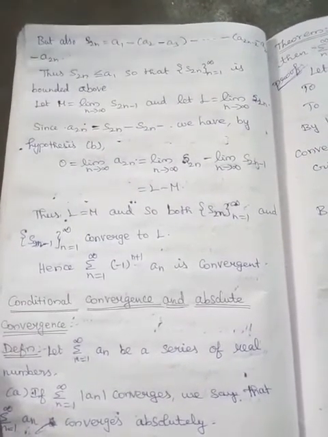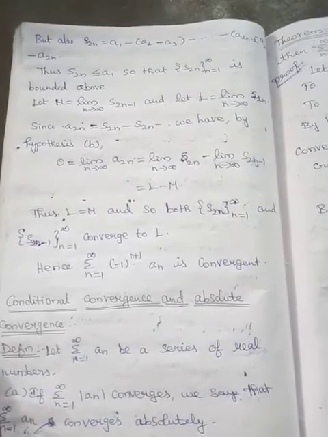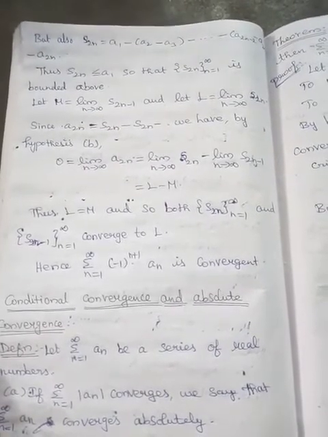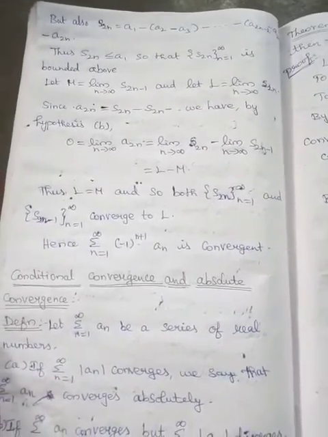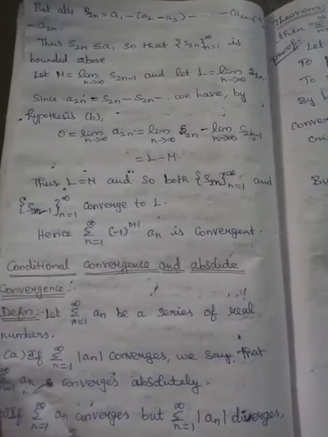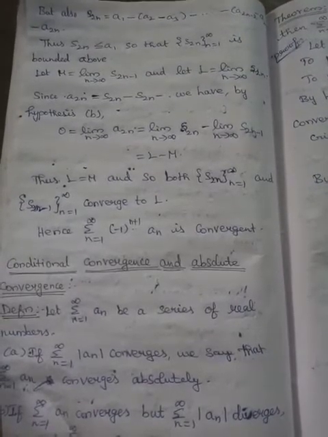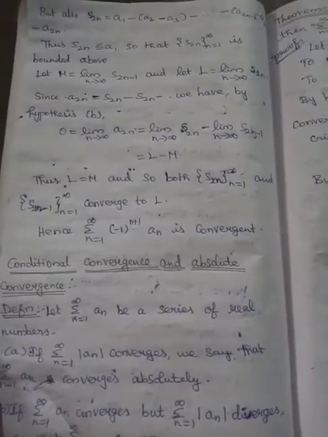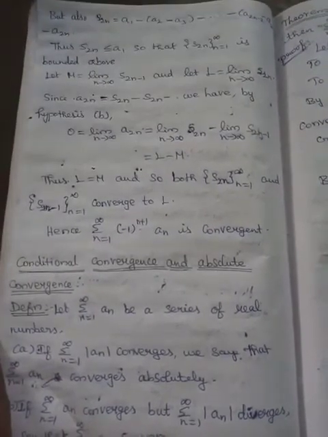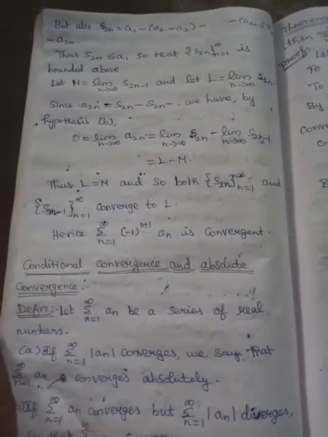This value is l, this value is m. Substituting, we get l minus m. Thus l equals m, and so both {s2n} and {s2n-1} converge to l. Hence the summation of (-1)^(n+1) an is convergent.